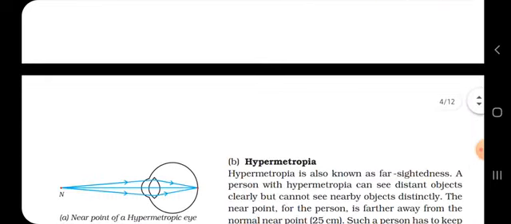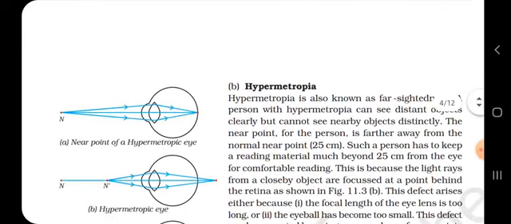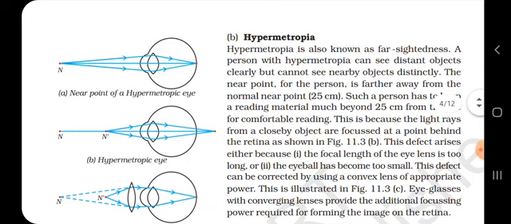The next thing we learned yesterday was hypermetropia. Hypermetropia is also known as farsightedness. A person with hypermetropia can see far or distant objects clearly but cannot see nearby objects clearly.